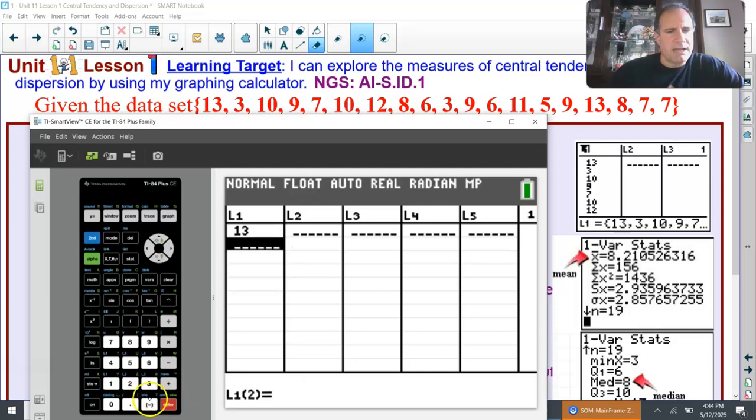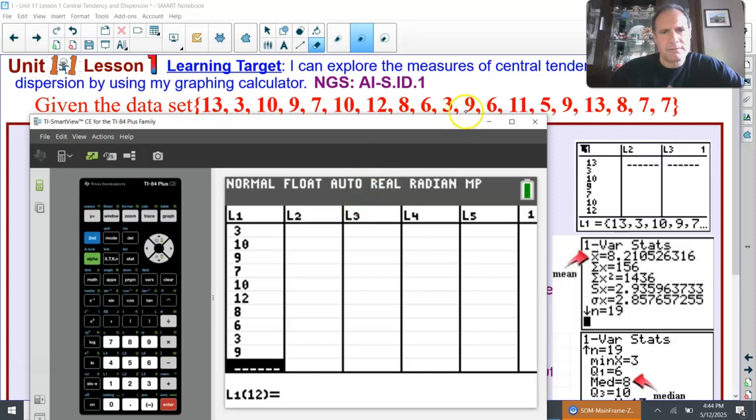I'm going to press 13, enter. 3, enter. 10, enter. 9, 7, 10, 12, 8, 6, 3, 9, 8, 6, 3, 9, 6, 11, 5, 9, 13, 8, 13, 8, and 2 7s.